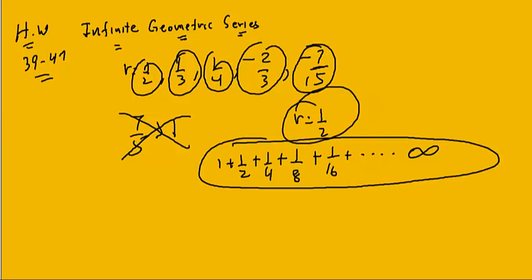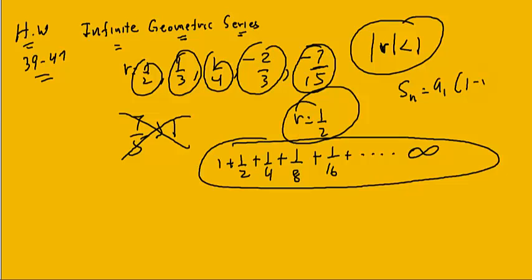As long as the absolute value of r, the ratio, is less than 1, I can add up the terms, and we have a special formula for that. Our formula from yesterday was a sub 1 times 1 minus r to the n, all over 1 minus r.